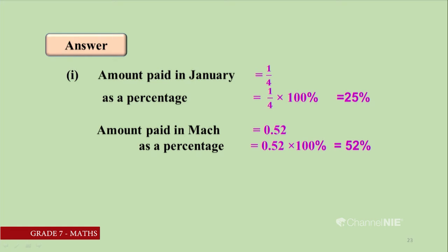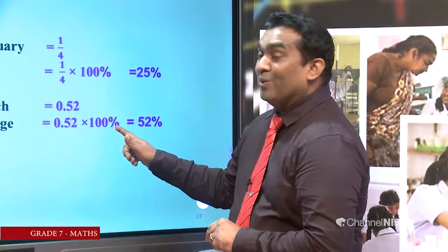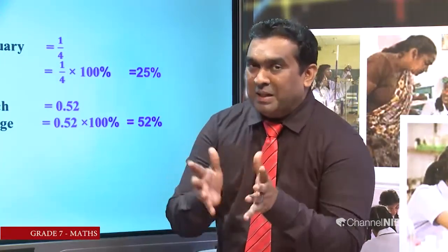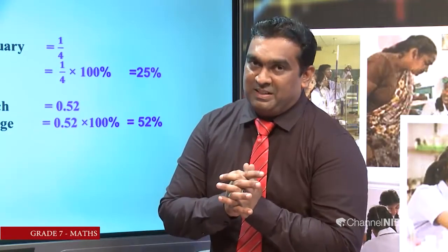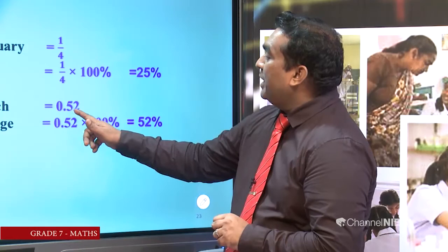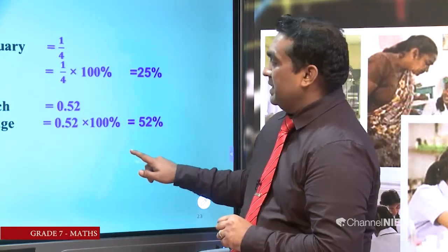How to do it? Multiply the decimal by 100. Then 0.52 multiplied by 100, 52%. Because of these 2 decimal places, you have to remove 2 zeros, actually divided by 100. That is the mathematical concept based on that answer. Here you have 0.52 as 52%.